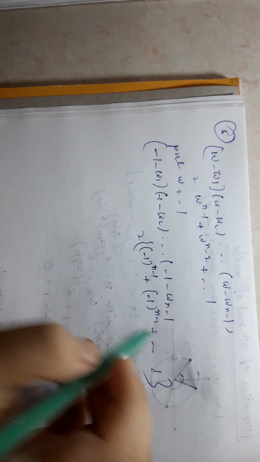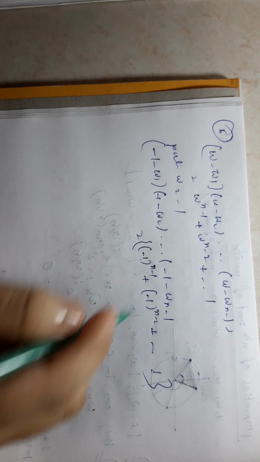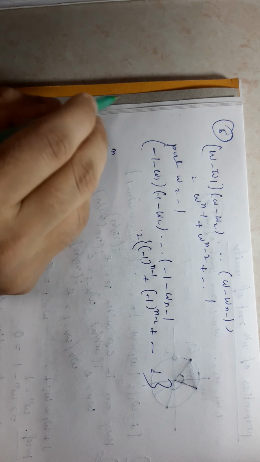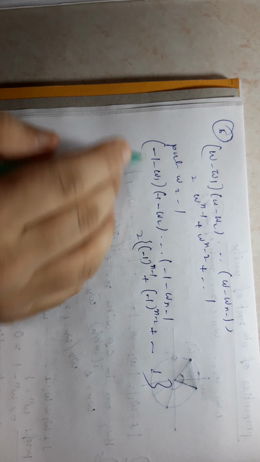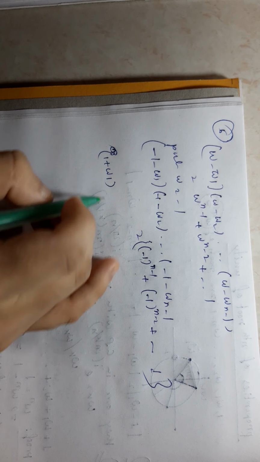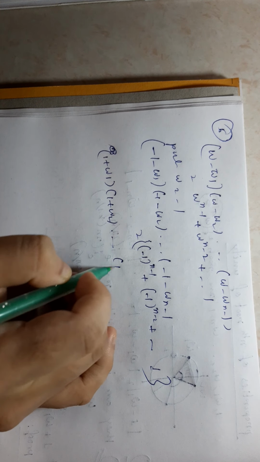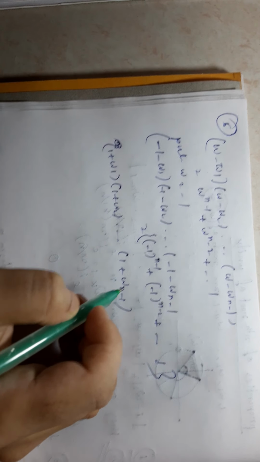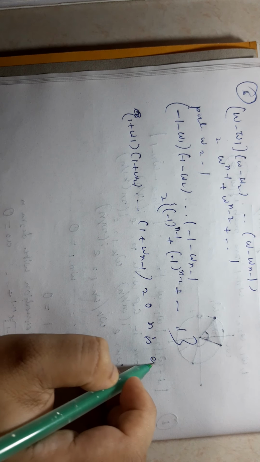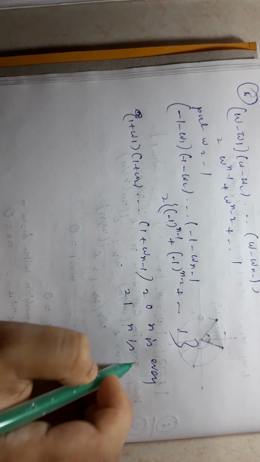Okay, and if you simplify it, up to this we get terms like (1 plus omega 1)(1 plus omega 2) dot dot dot (1 plus omega n minus 1), and this will be 0 if n is even, and it will be 1 if n is odd.